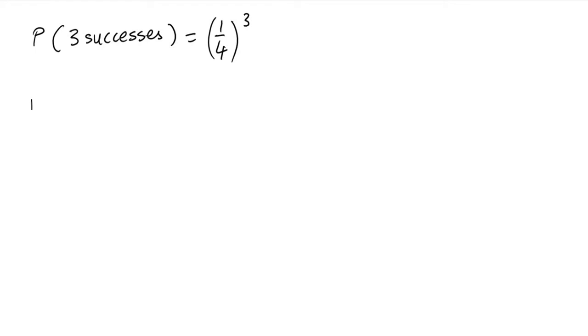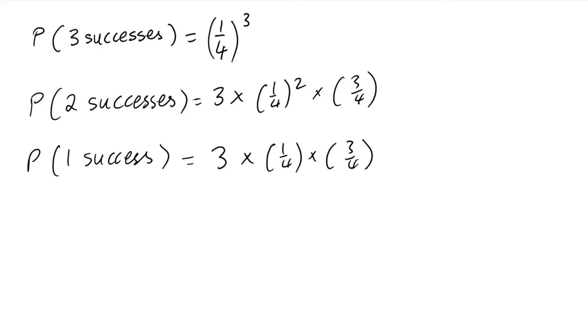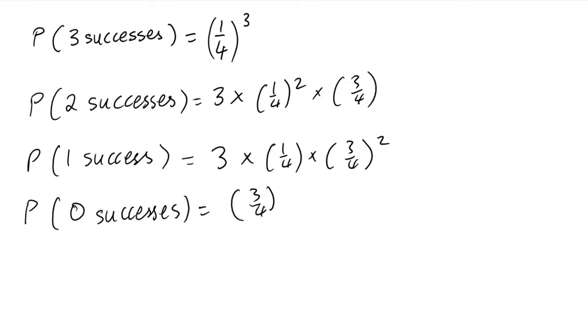If we look at the probability of 2 successes, then that's 3 lots of 1/4 squared times 3/4. 1 success is 3 times 1/4 times 3/4 squared, and the probability of no successes is 3/4 cubed. 3/4 times 3/4 times 3/4.